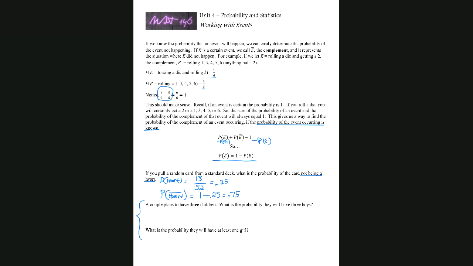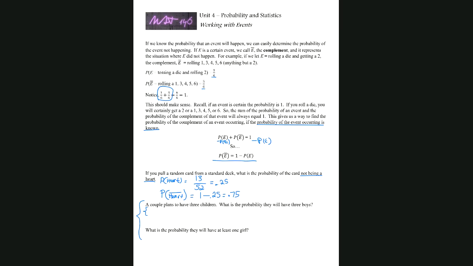What is the sample space, I guess? What are all possible combinations they could have? So let's look at the sample space of this for a moment. We may not, in fact, use the complement until the second question, but let's look at the sample space.